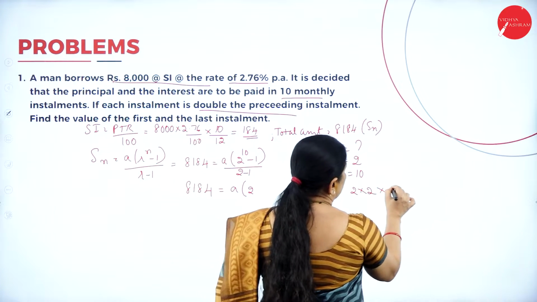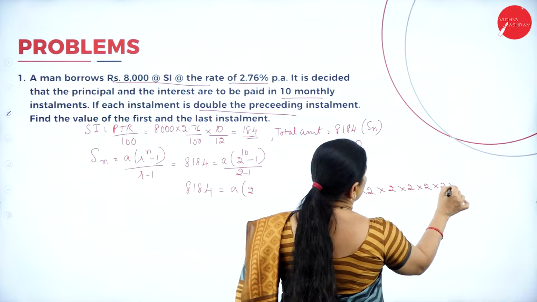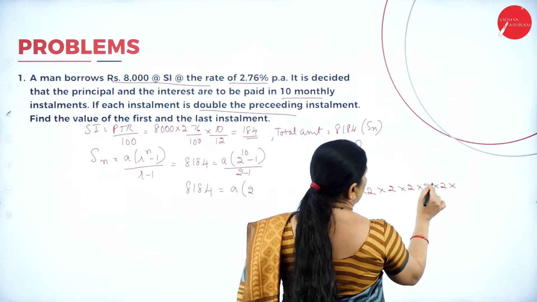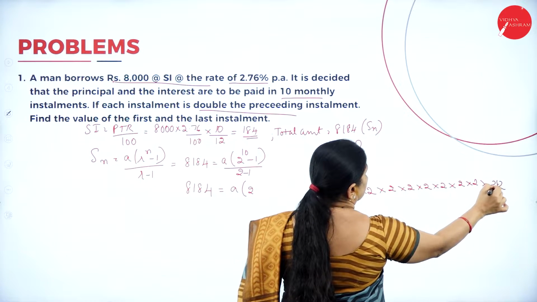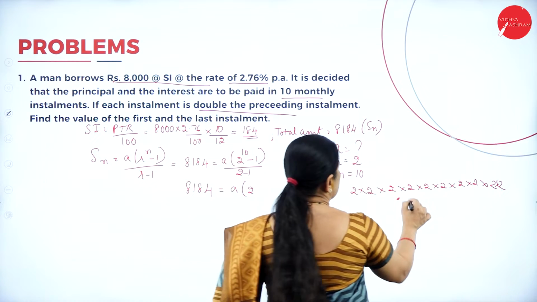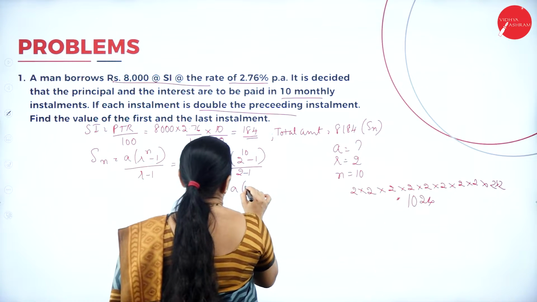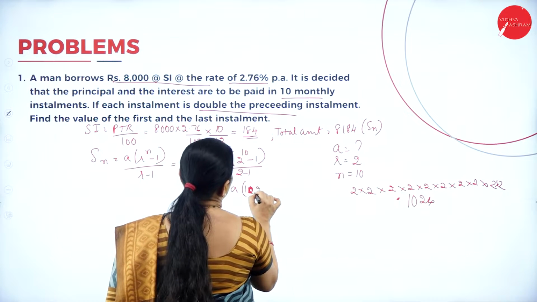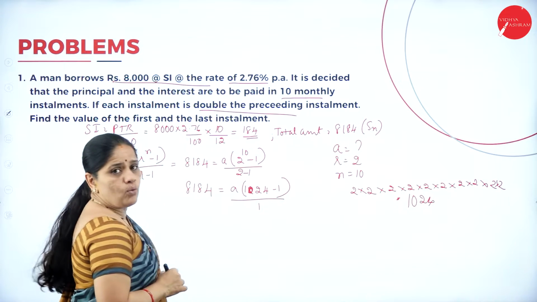2 into 2 into 2 into 2 into 2 into 2 into 2, counting 1, 2, 3, 4, 5, 6, 7, 8, 9, 10. So, when I multiply 2 10 times, I get the answer as 1024. So, I write it here 1024 minus 1 divided by 1.